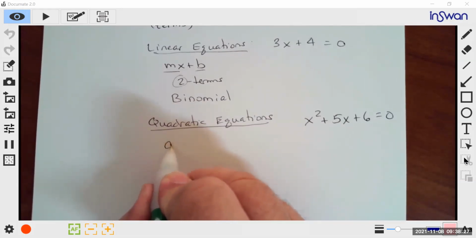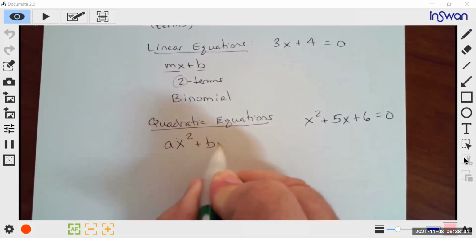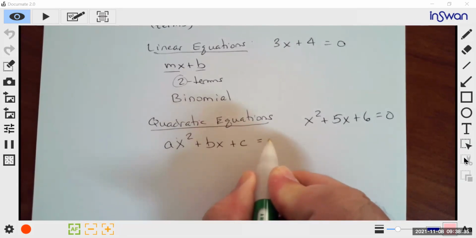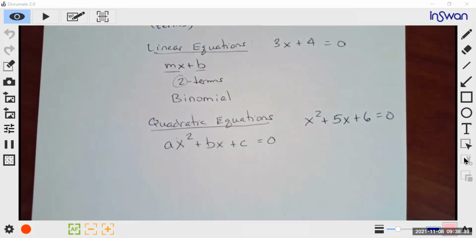Quadratic equations have this form: ax squared plus bx plus c equals 0. Remember, that's called the standard form.